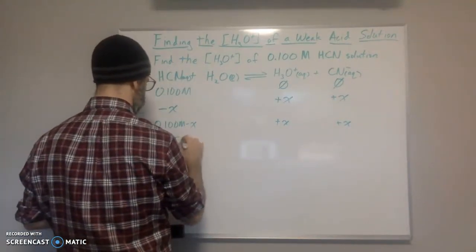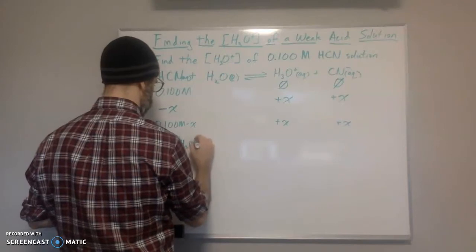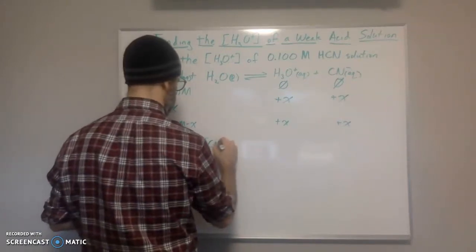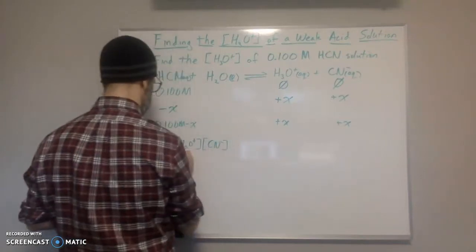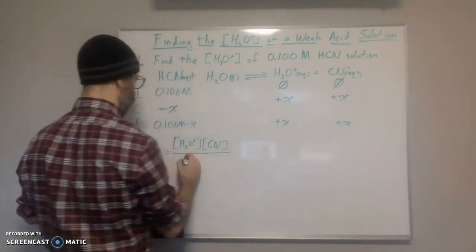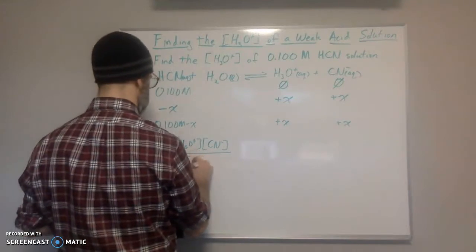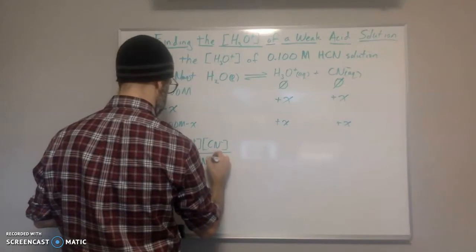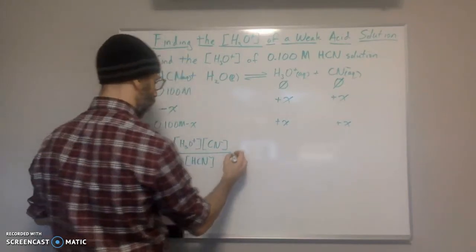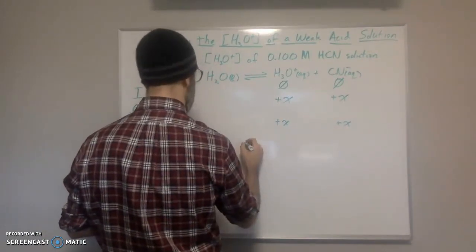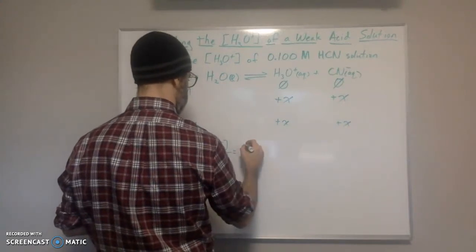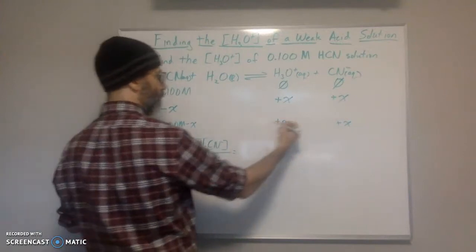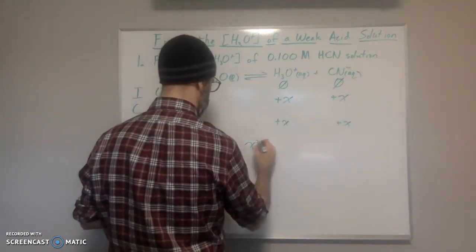So the concentration of H3O plus multiplied by the concentration of CN minus all over the concentration of HCN, at equilibrium. So this is going to be the same as, if we put the x's in, x times x. Both of these are x, so that'll be x squared.